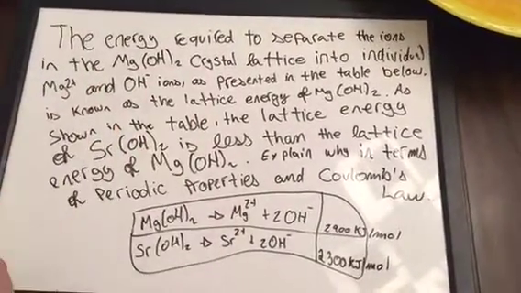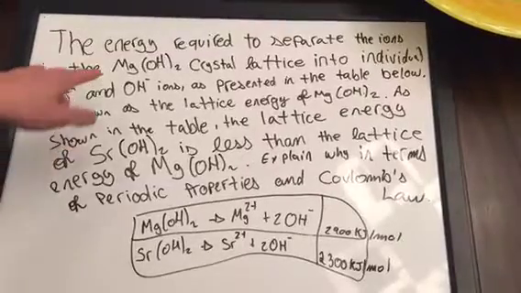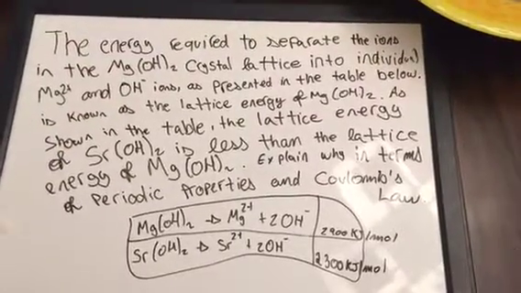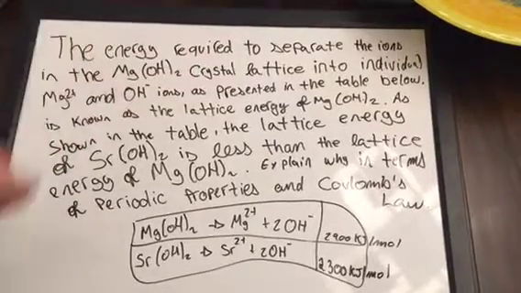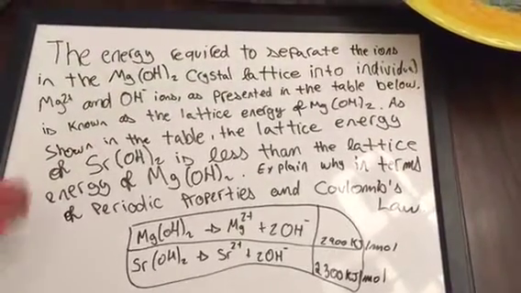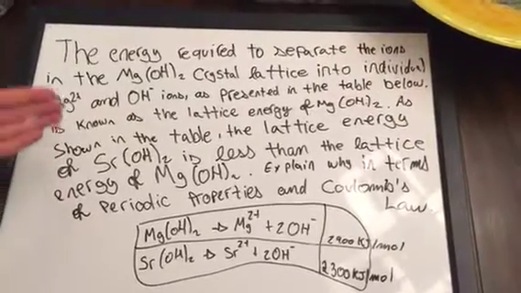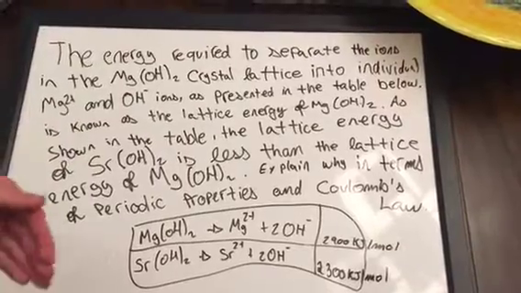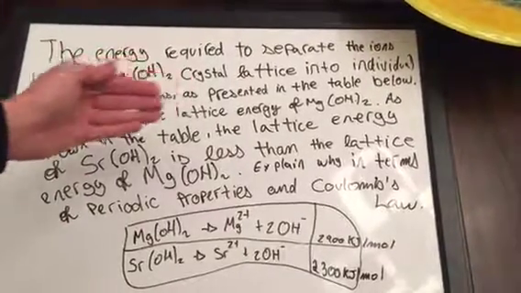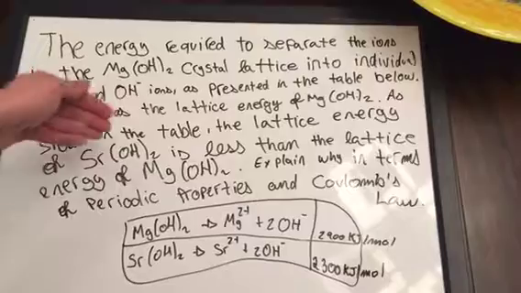So the energy required to separate the ions of magnesium hydroxide crystal is higher. I'm going to make the question shorter. Basically what it's saying is that magnesium hydroxide has a higher lattice energy than strontium hydroxide.